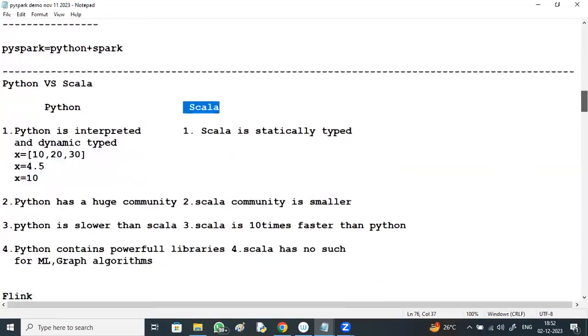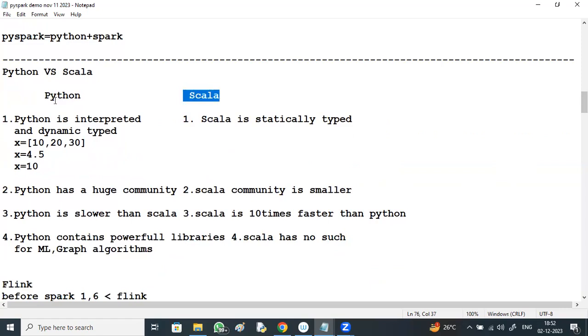So, the difference between Python and Scala. Scala is one more language. Spark can be implemented using four languages, but the mostly used languages are Python and Scala. By default, Spark was built using Scala, but today Python is mostly preferred.